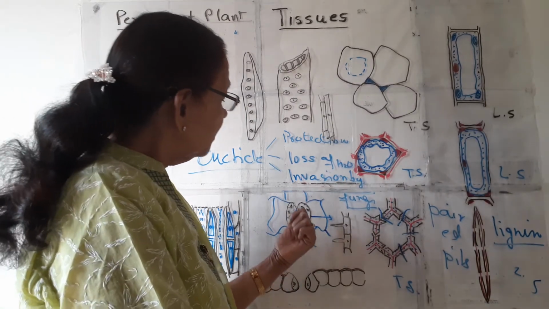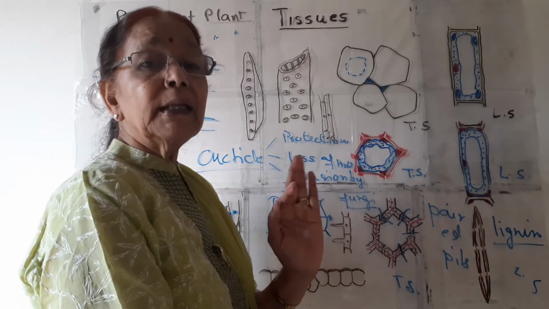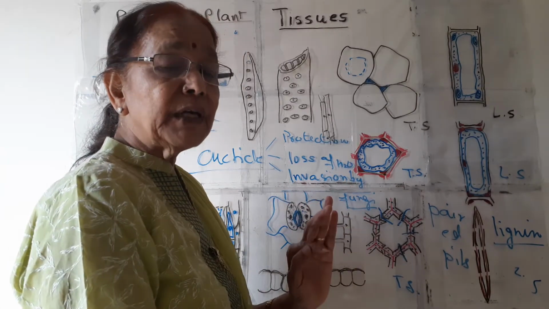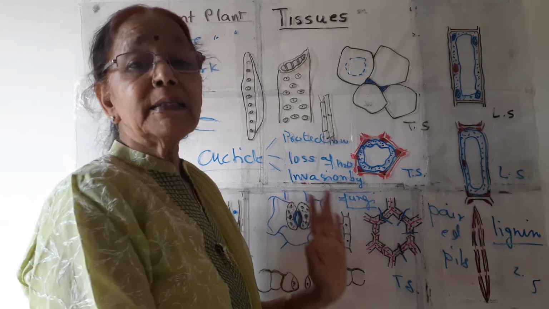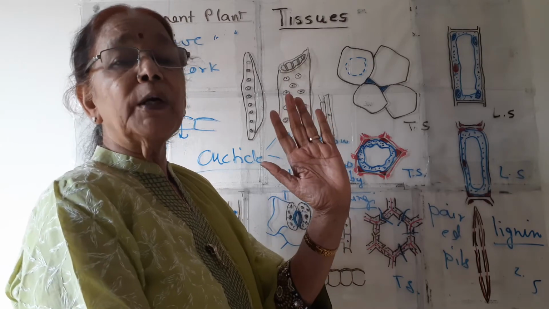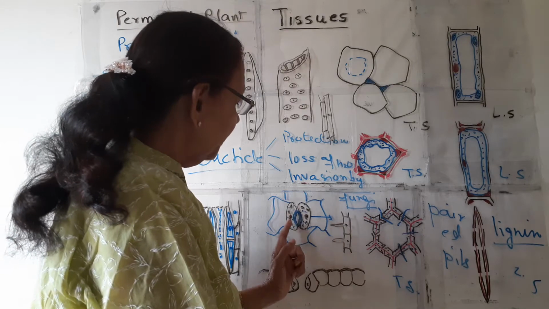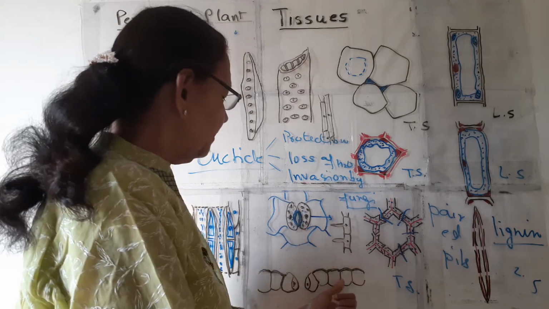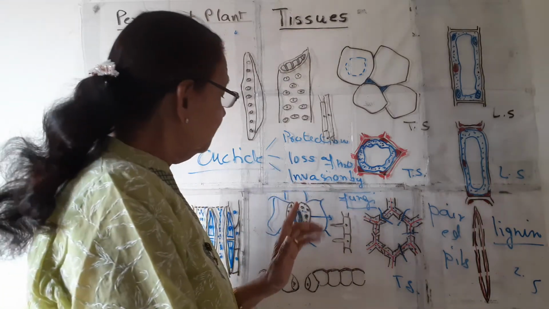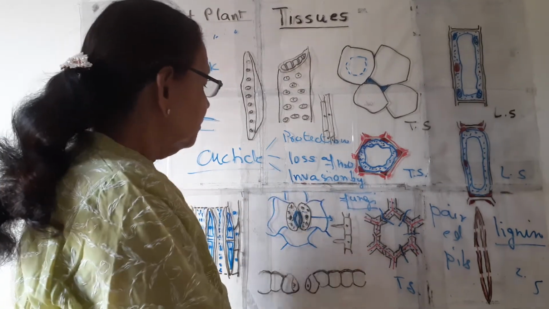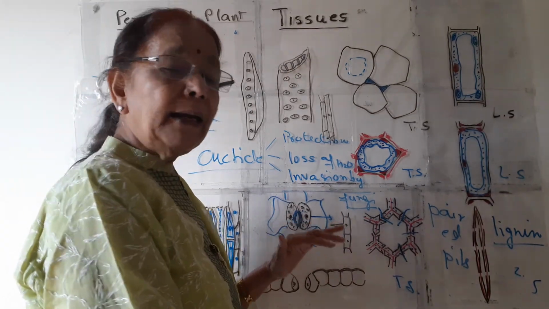In this way, stomata help in nutrition as photosynthesis, in exchange of gases, and in transpiration as they help in evaporation of water in the form of water vapor. These stomata are present on the surface of the leaf and even young stems as holes. So this is the epidermis of stem and leaves.